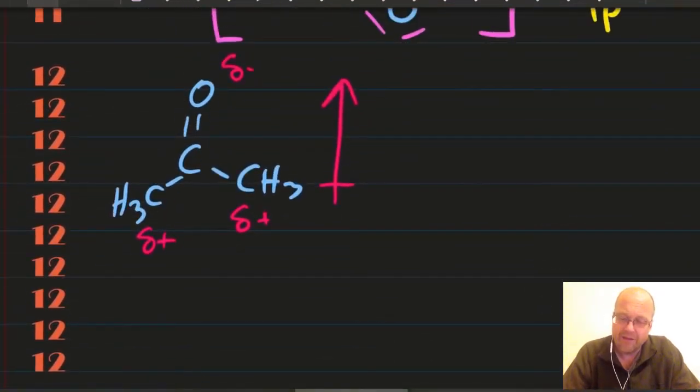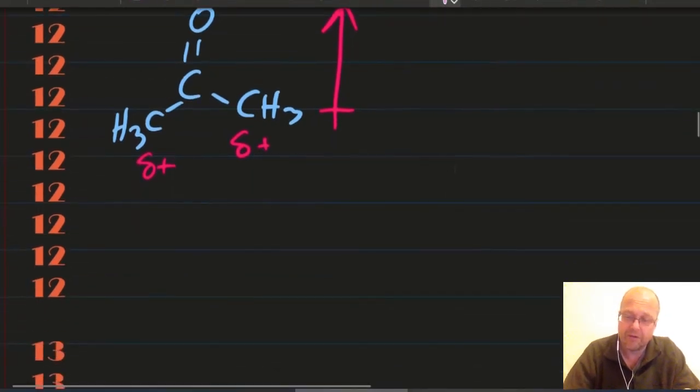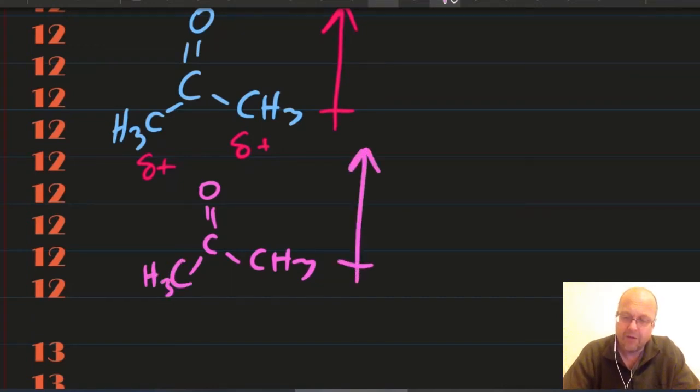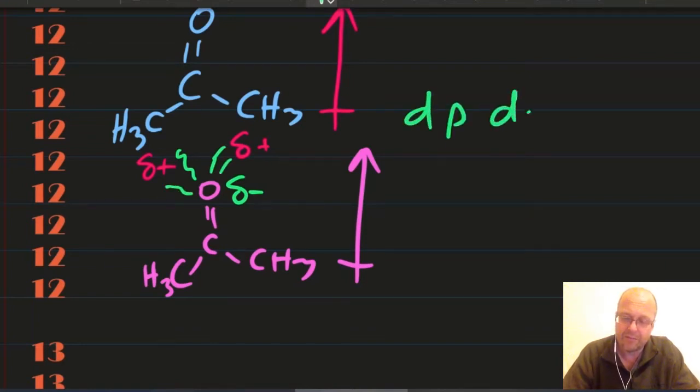So if I was to have another propanone molecule, because we're looking at intermolecular forces, forces between molecules, let me just draw that out. And there's another dipole there. You can see that there's going to be some attraction between the negative end of that oxygen and the positive of the hydrogens above. So that's called a dipole-dipole interaction.